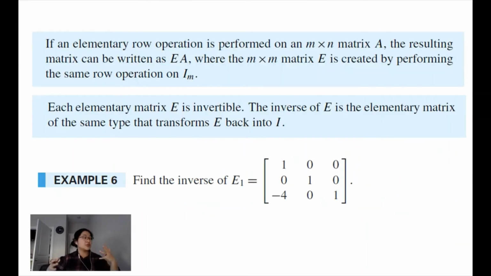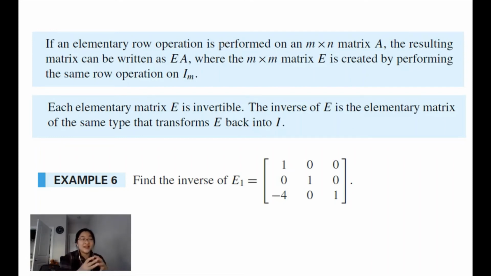So multiply elementary matrix times A, where the elementary matrix is on the left of the matrix A. And so if we have our elementary row operations performed on our matrix m by n from having some elementary matrix multiplied by A, then you can make your elementary matrix using that same operation on your identity matrix.